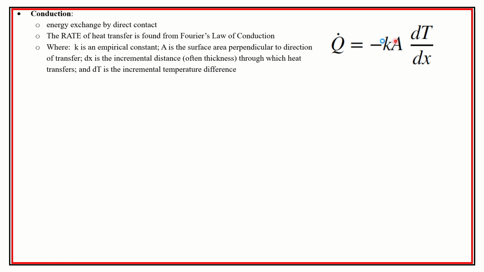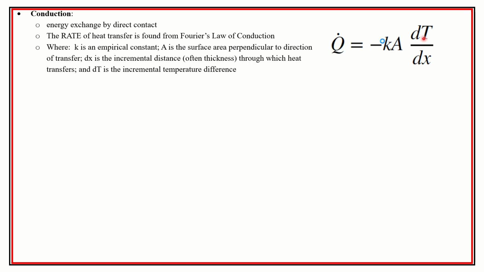A is the surface area perpendicular to the direction of the heat transfer. Going back to that hand, it would be how much surface area the hand is touching the handle. And dx is an incremental distance. In a simple problem, this could be the thickness the heat is moving through.